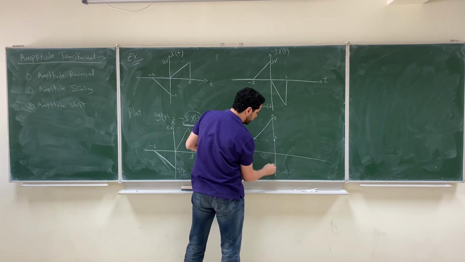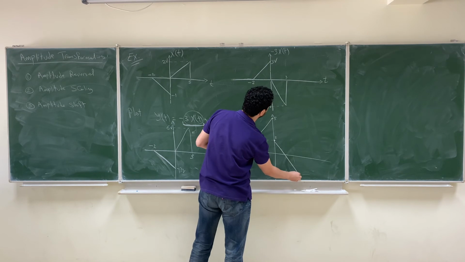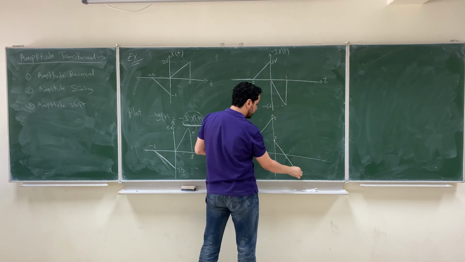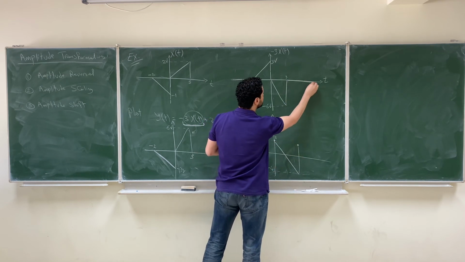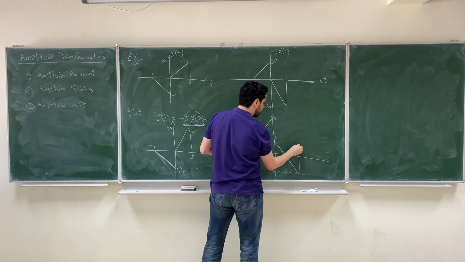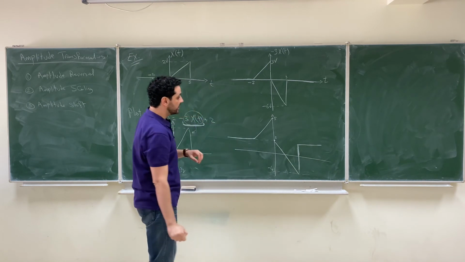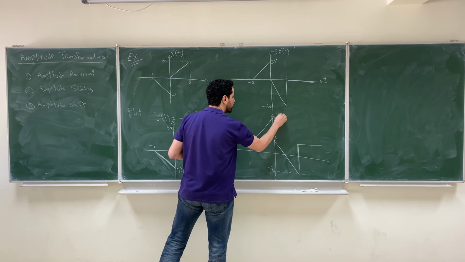So at -4, it's going to appear something like this, and then it will go up again. Instead of going up to 0, it will go up to 2, and then this part was 0, and you are going to add 2 to it. So you will get something like this. This is the final function y of t.